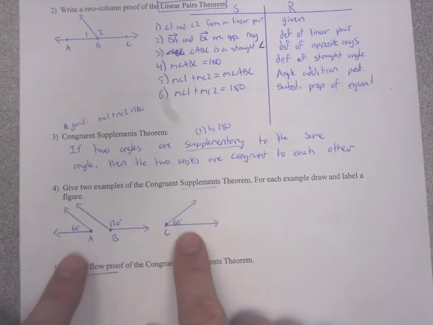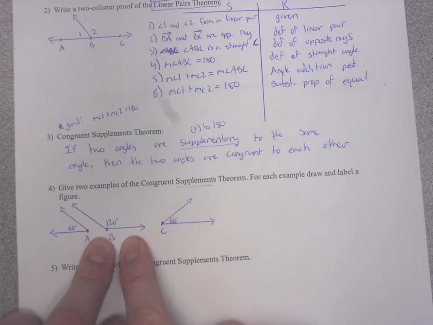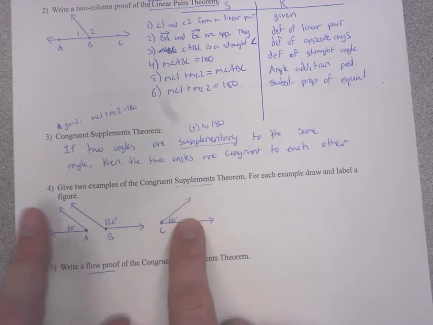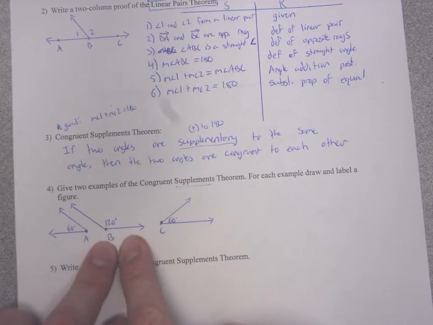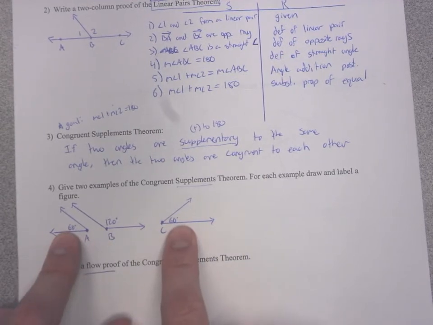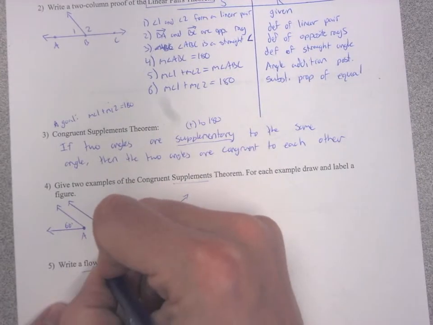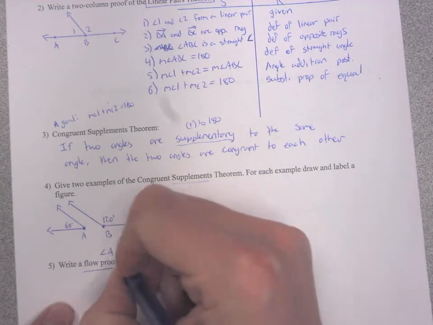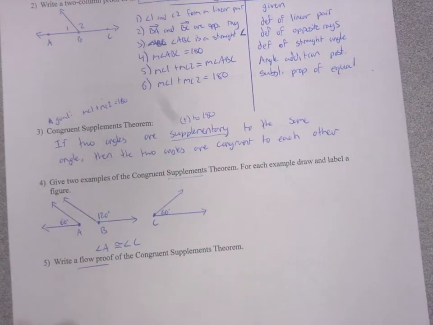If two angles are supplementary to the same angle, then the two angles are congruent to each other. Right? If A and C are both supplementary to angle B, that means they have to be the same number because there's only one number that I can add to 120 to get 180. So the conclusion here would be that, in this case, angle A would have to be congruent to angle C because they're supplementary to the same angle.